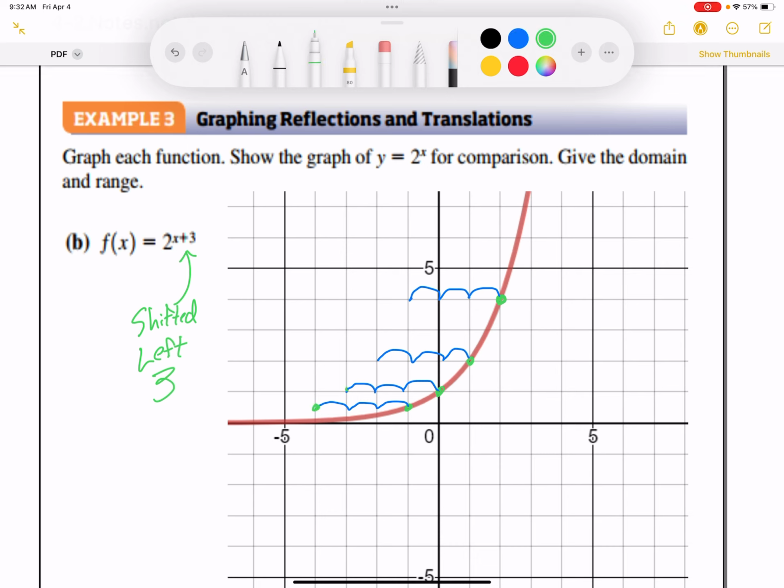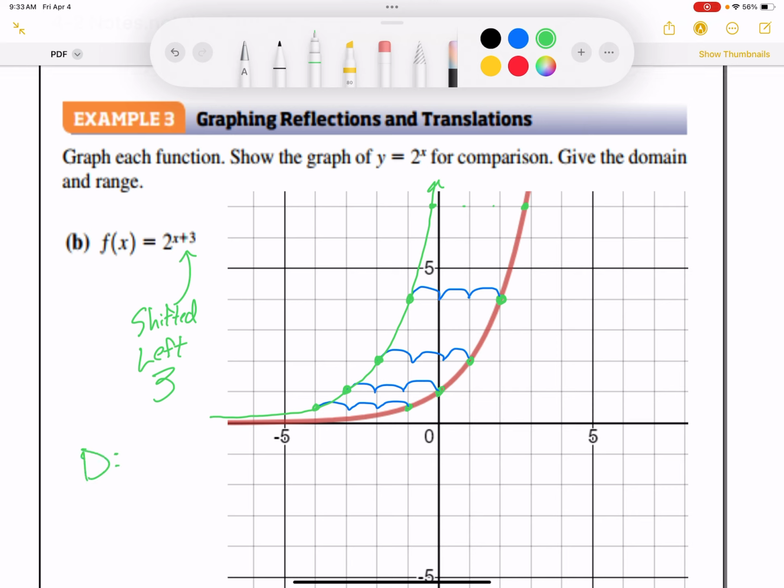You can take this point right here if you want to, but since that's 1, that's 2, that's 3, and then you graph, right? You see that it's shifted to the left.